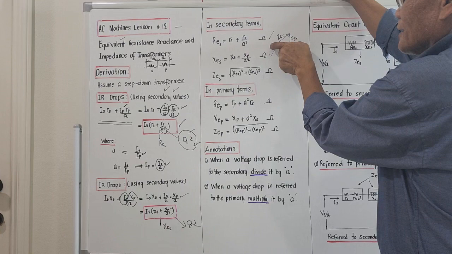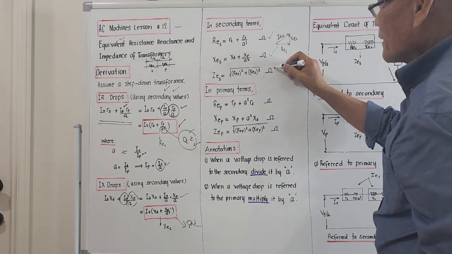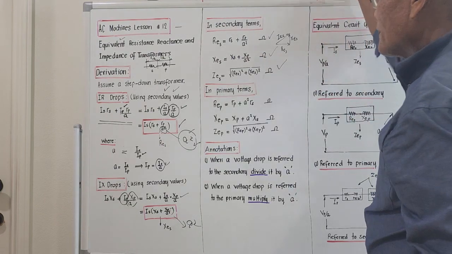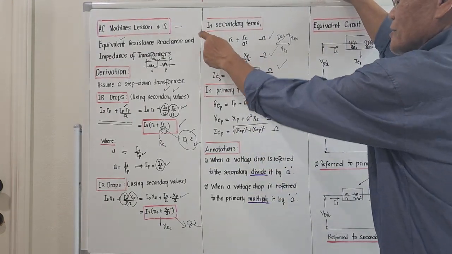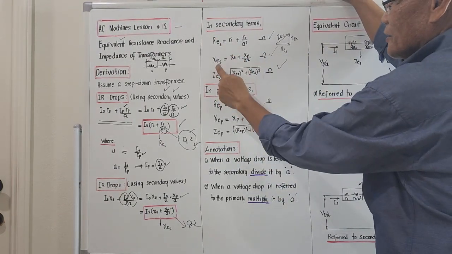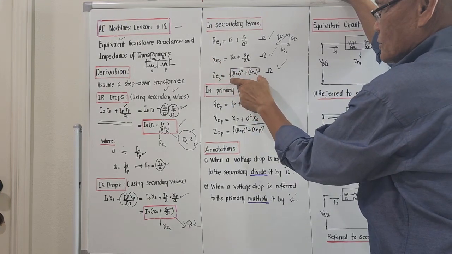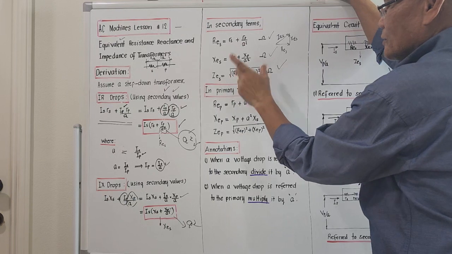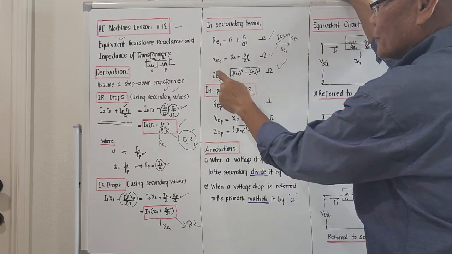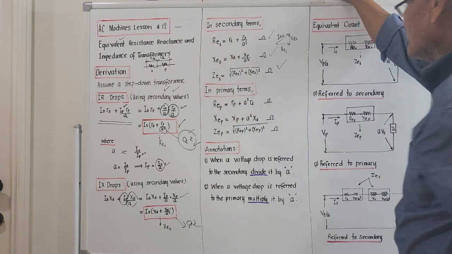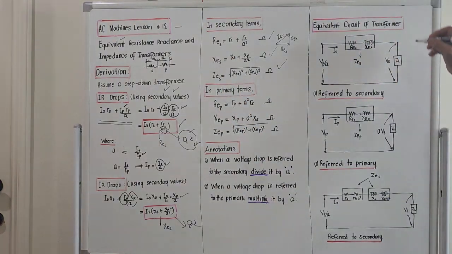It's a right triangle. So meaning to say, if we are given the equivalent resistance referred to the secondary and the equivalent reactance referred to the secondary, we will just use the Pythagoras principle here to compute for the value of the equivalent impedance referred to the secondary.